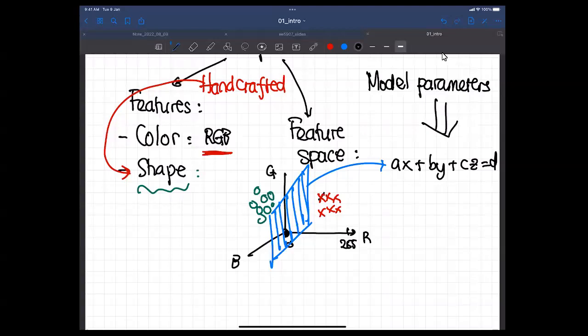And those are the parameter values that you have to obtain in order to separate between green and red. That's what we call model parameters. So A, B, C, D are the values that we want to learn from your data. Any questions?